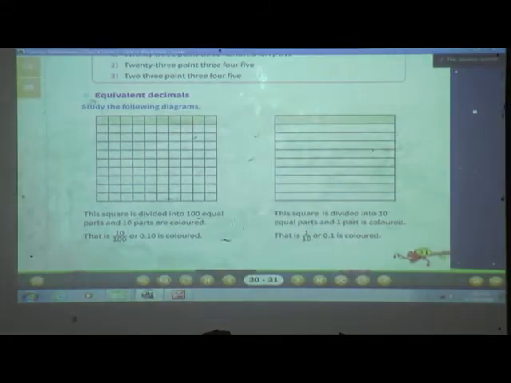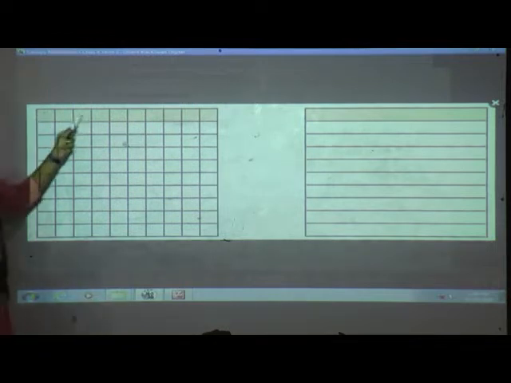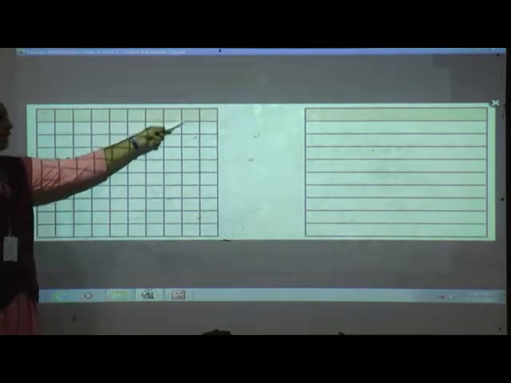See, today we are going to study equivalent decimals. What are equivalent decimals? See, now we are going to study the following diagrams. In the first diagram you can see 1, 2, 3, 4, 5, 6, 7, 8, 9, 10.